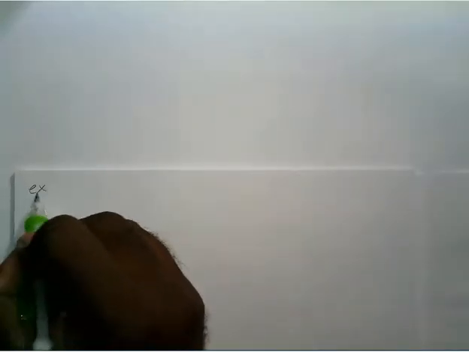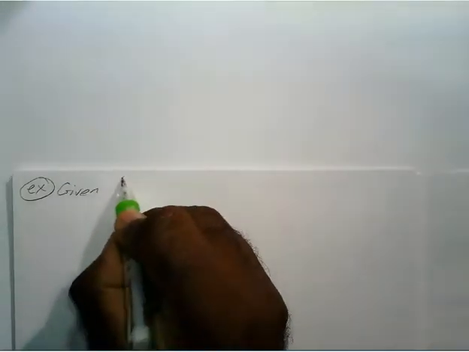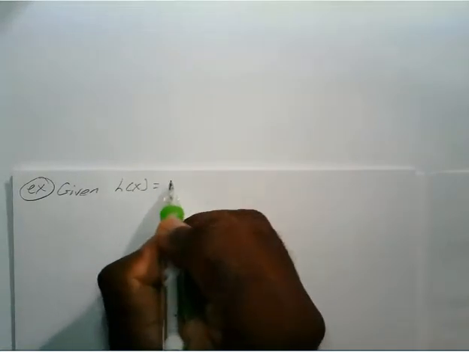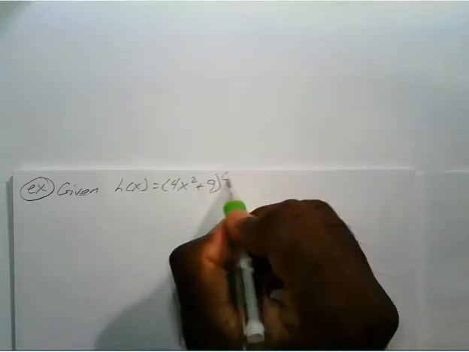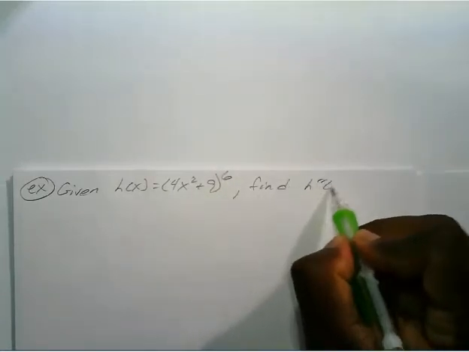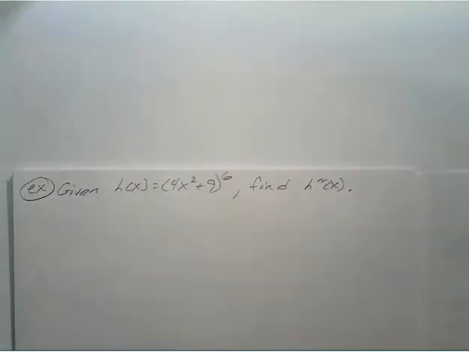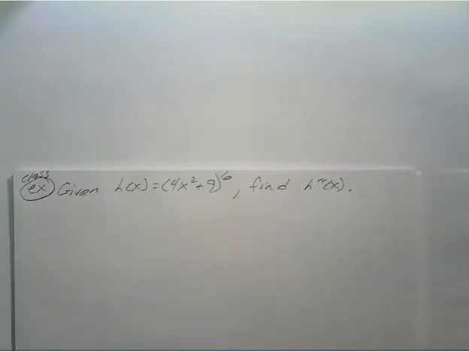So let's say, for example, we are given that h of x is equal to (4x squared plus 9) to the 6th power, and we want to find our second derivative of that. Okay, so what I want you to do is press pause and try to find this one on your own.